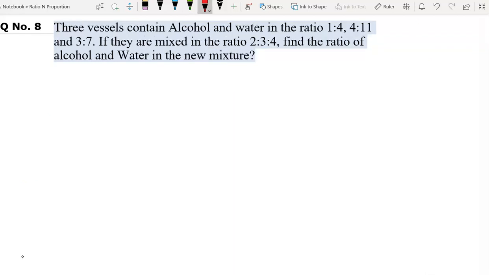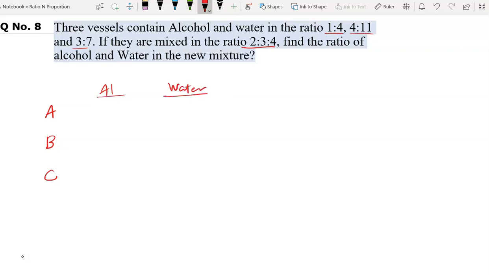Question number 8. 3 vessels contain alcohol and water in the ratio 1:4, 4:11 and 3:7. If they are mixed in the ratio 2:3:4, find the ratio of alcohol and water in the new mixture. So in this question we have 3 vessels, let's say A, B and C, and it contains alcohol and water.